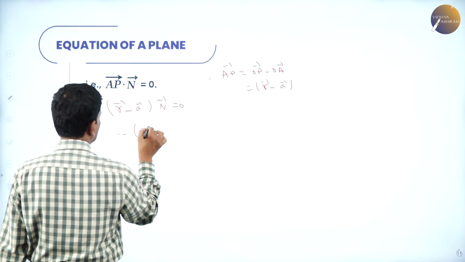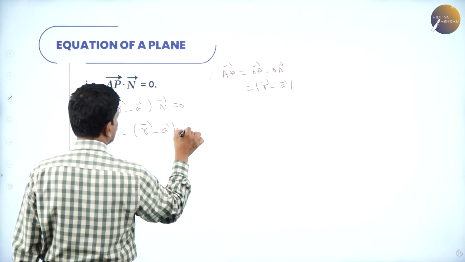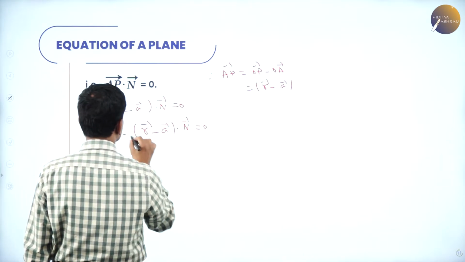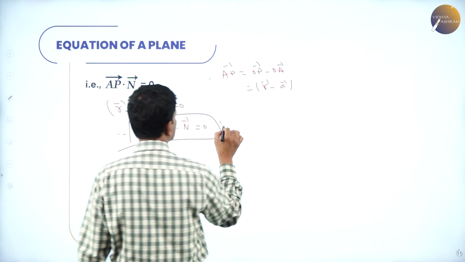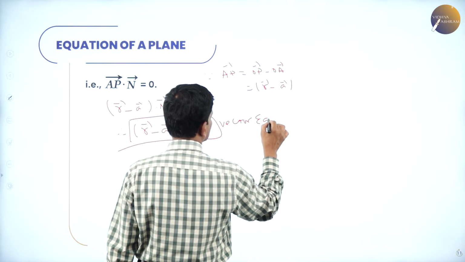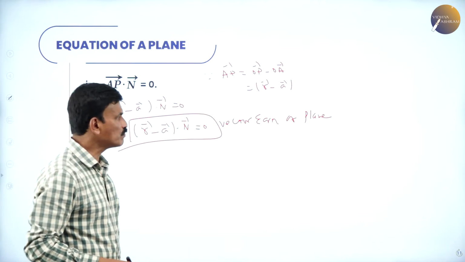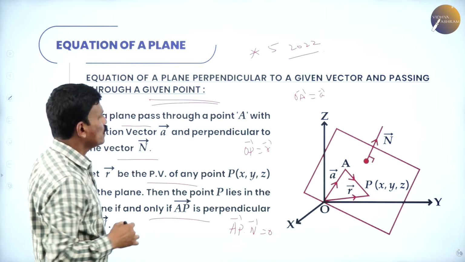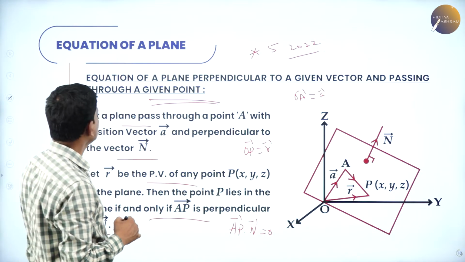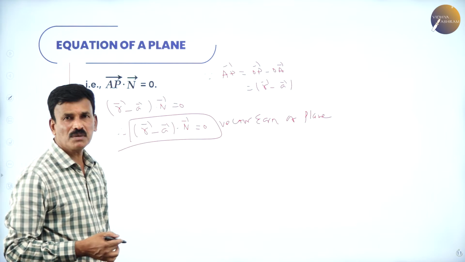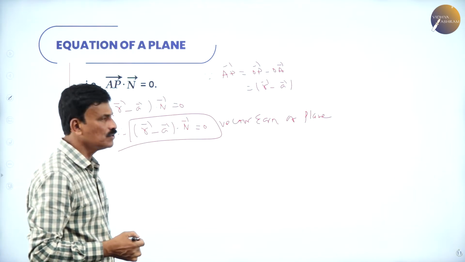Therefore, (r minus a) dot n equal to 0 is the vector equation of the plane. That's it. So the vector equation of the plane perpendicular to a given vector and passing through a given point is (r minus a) dot n equal to 0.